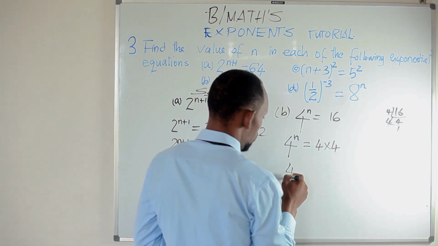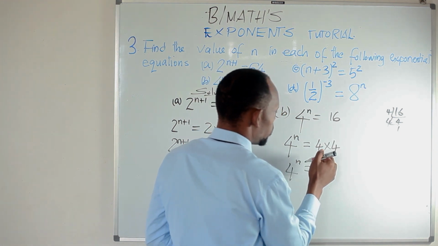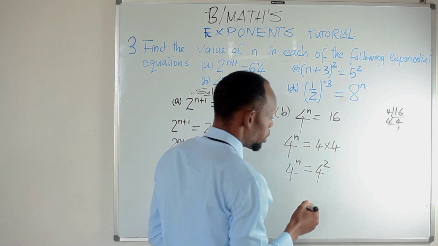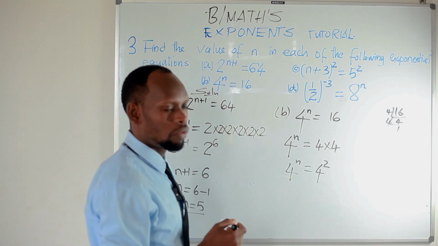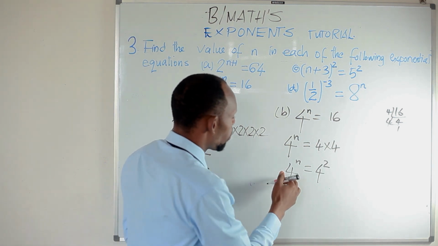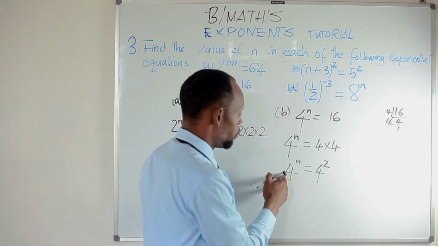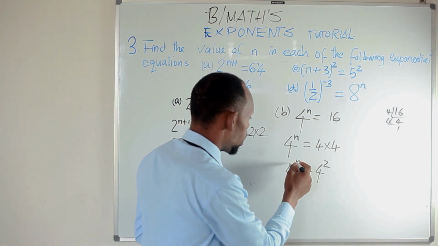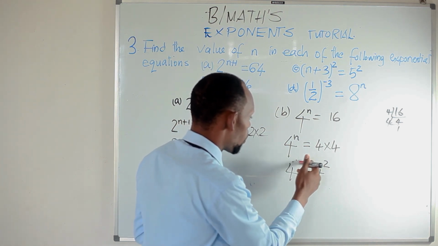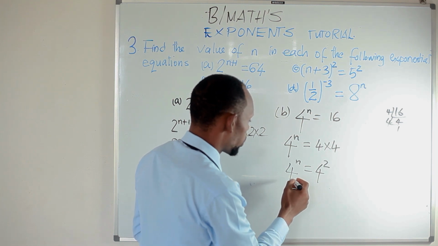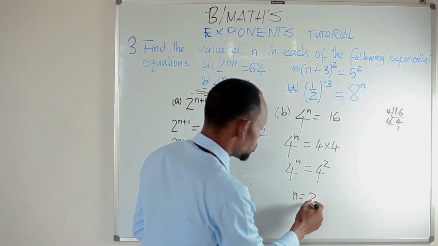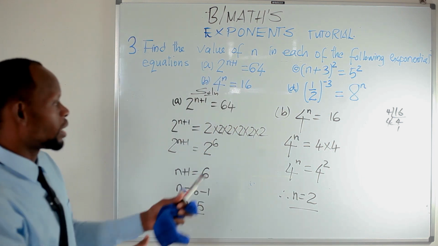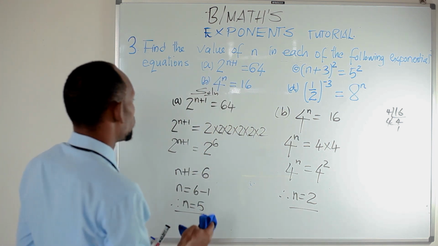Therefore, 4 power n equals 4 power 2, or 4 squared. Comparing the same bases, this 4 and this 4 are cancelled out. Now compare the exponents: n equals 2. Therefore, n equals 2. So that is for B.